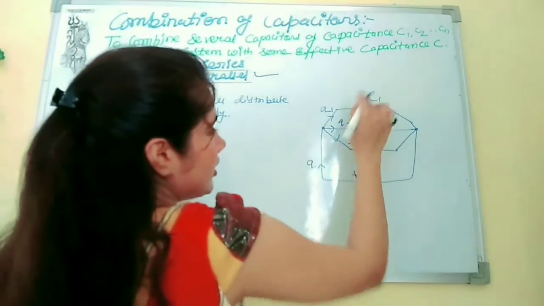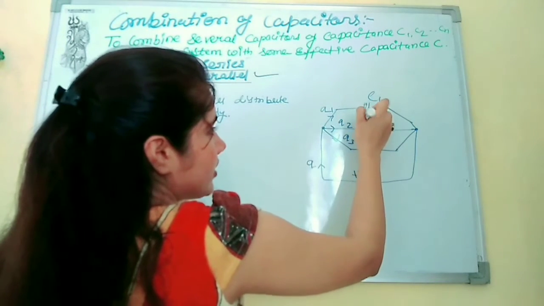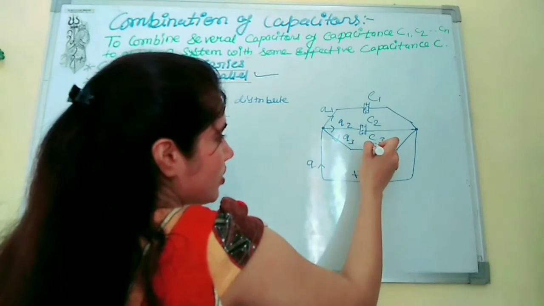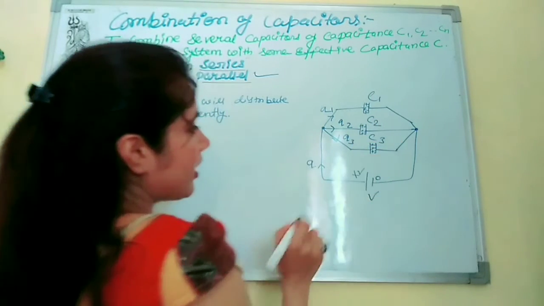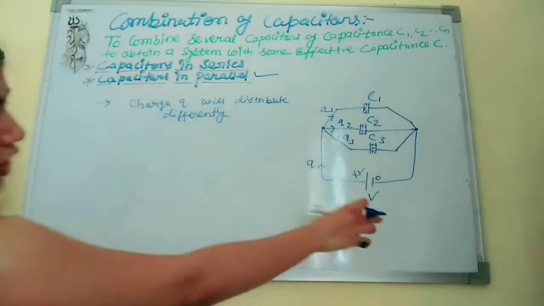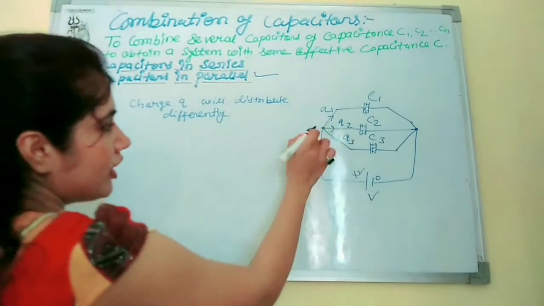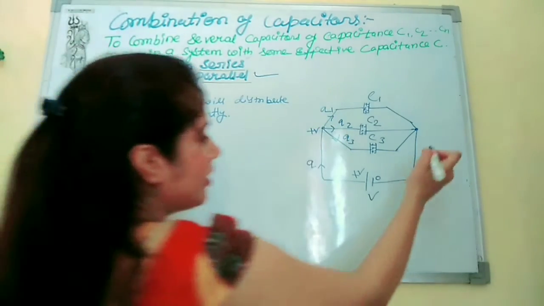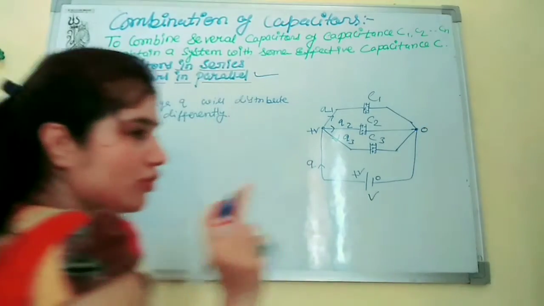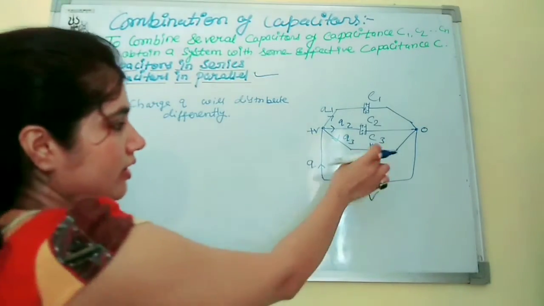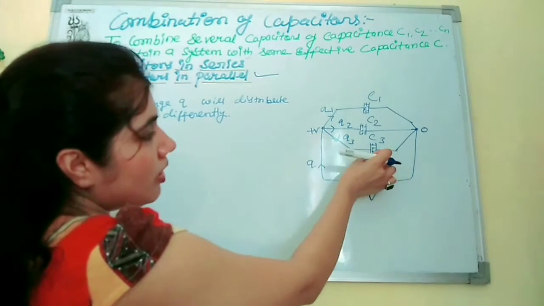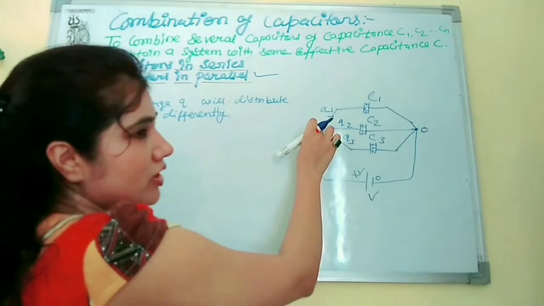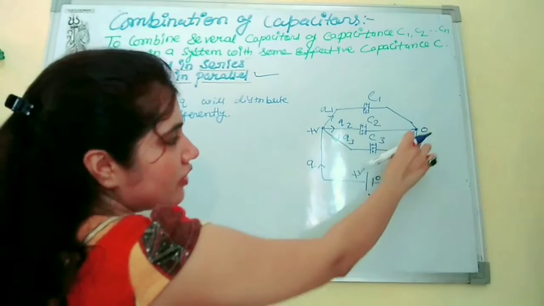We know this plate has positive charge and this has negative. This has positive, this has negative, this has positive, and this plate has negative charge. Now, because of this V, the terminal which has high potential is positive V, and here the potential will be 0. If you see this capacitor, this plate is connected with this terminal and this plate is connected with that terminal.